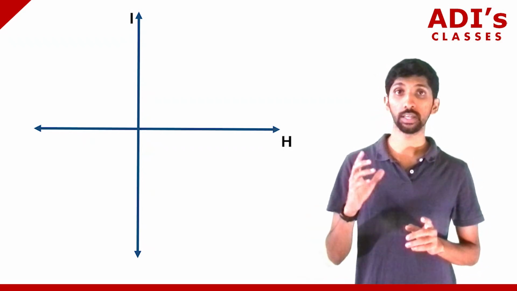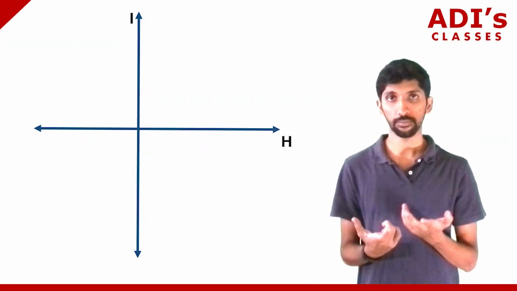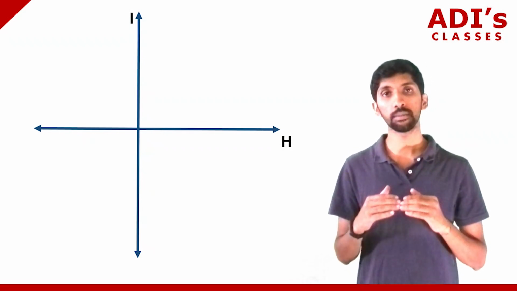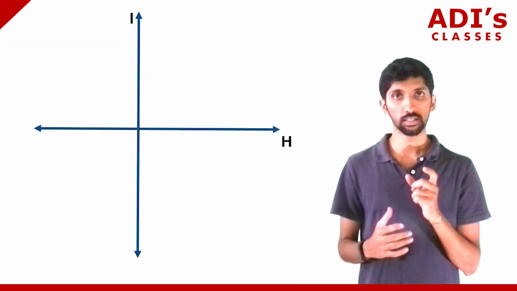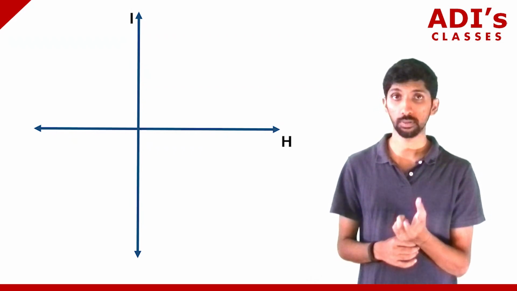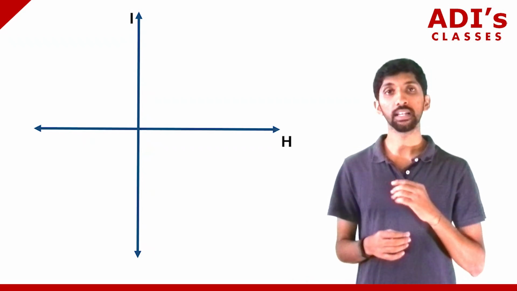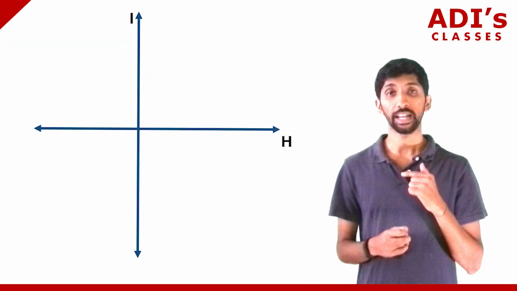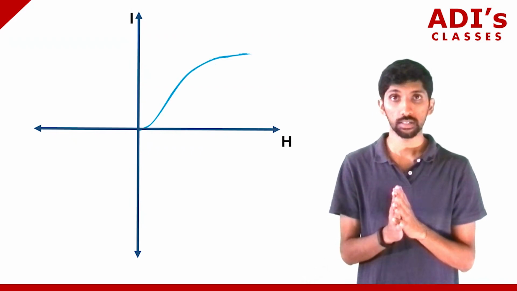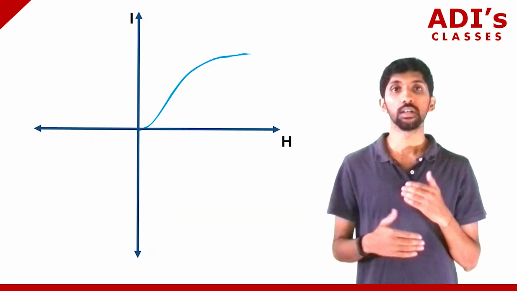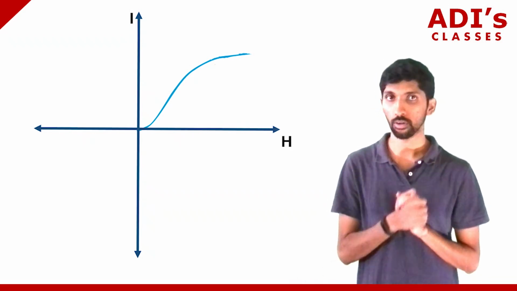Now we keep this particular material in the external magnetic field. As you keep increasing the magnetizing field, what happens? This metallic piece will also get magnetized. As you keep increasing the value of H, it reaches a maximum point, that's basically saturation, and then no longer will the value of I, the intensity of magnetization, increase.